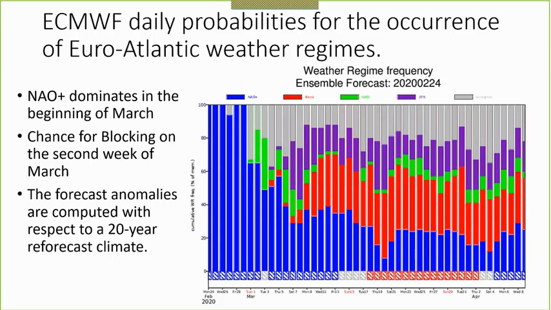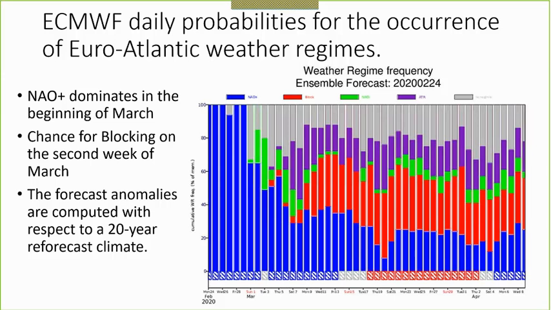We have the North Atlantic oscillation positive with blue color, then we have blocking with red color, the North Atlantic oscillation negative with green colors, and then Atlantic ridge with violet colors. And the grayish colors state that the members can't be defined in any of the regimes.